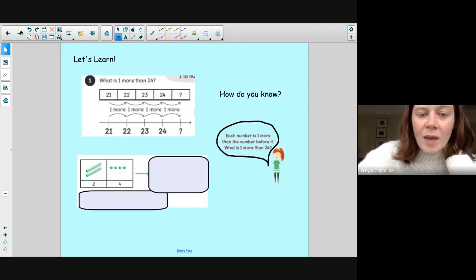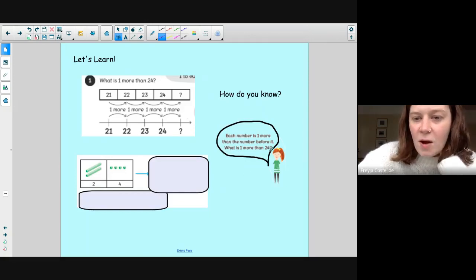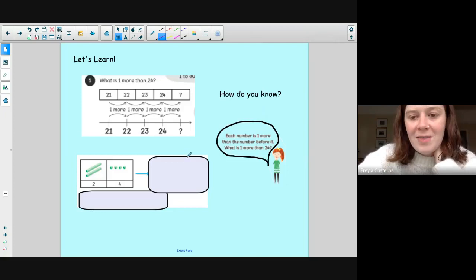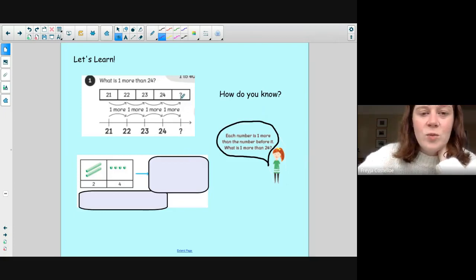Right. Let's have a look here. What is 1 more than 24? We've got a number track and a number line to help us out. So our friend here, Holly, is saying each number is one more than the number before it. What is one more than 24?